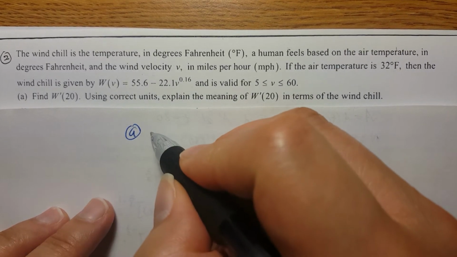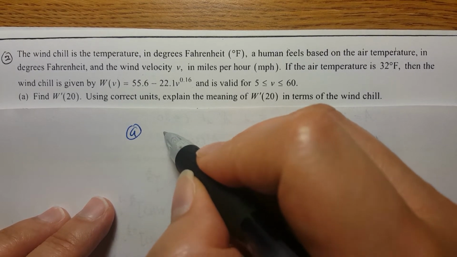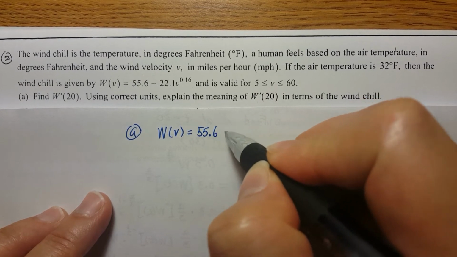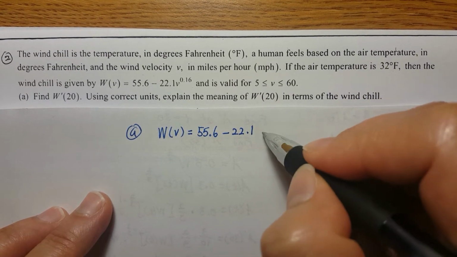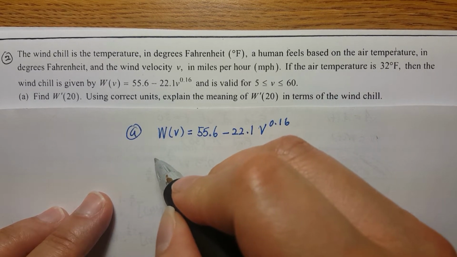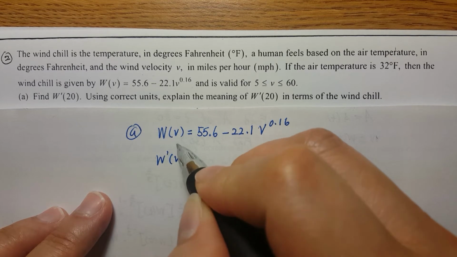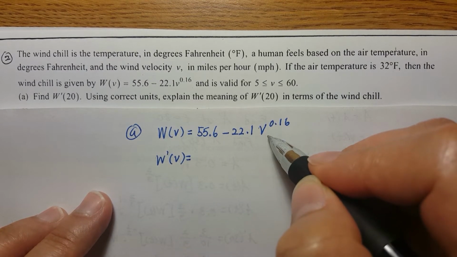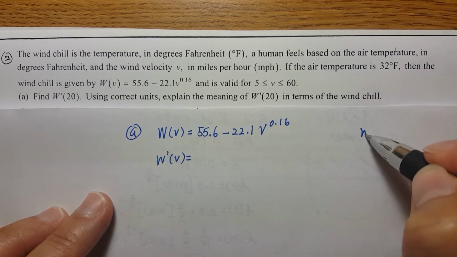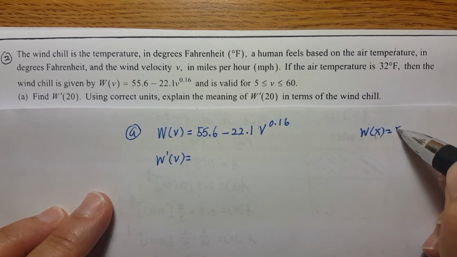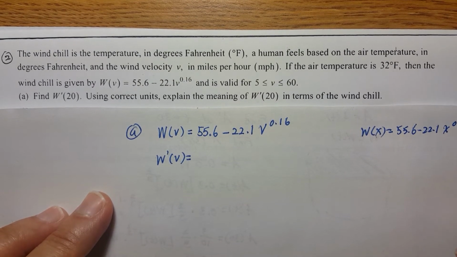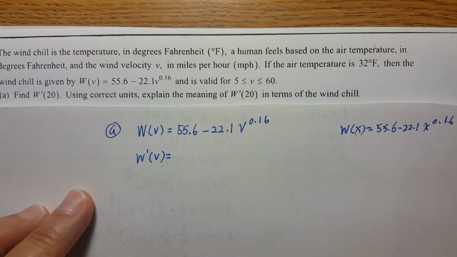So now you're going to find W prime. You have to use W of V equal to 55.6 minus 22.1 V to the 0.16. Now you have to find W prime of V. We usually don't see V, we see X and T. So just imagine W of X equal to 55.6 minus 22.1 X to the 0.16.